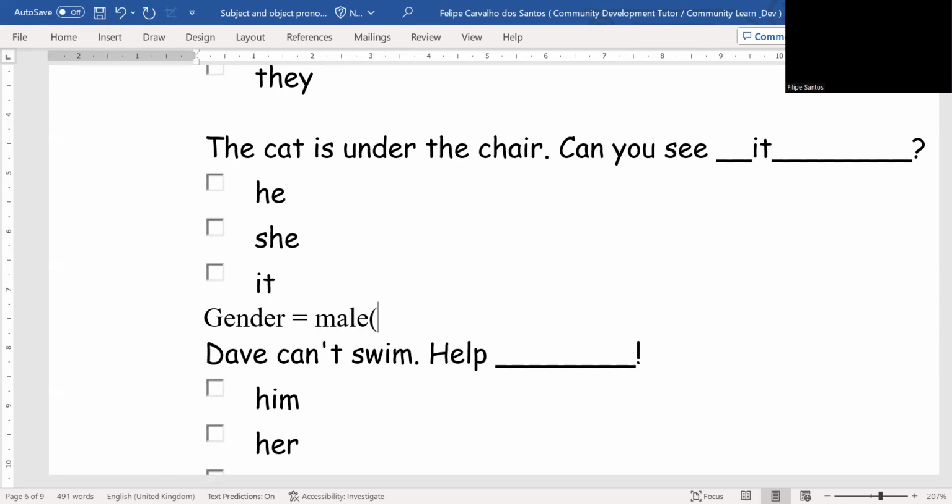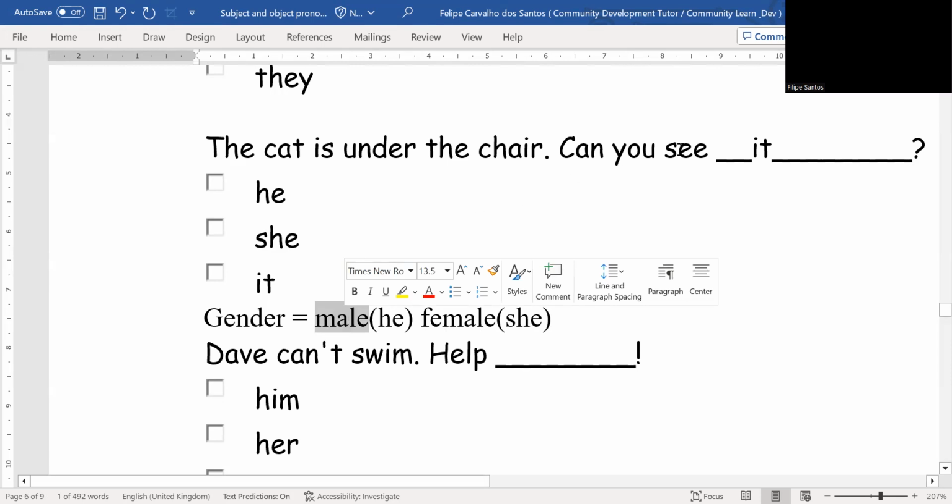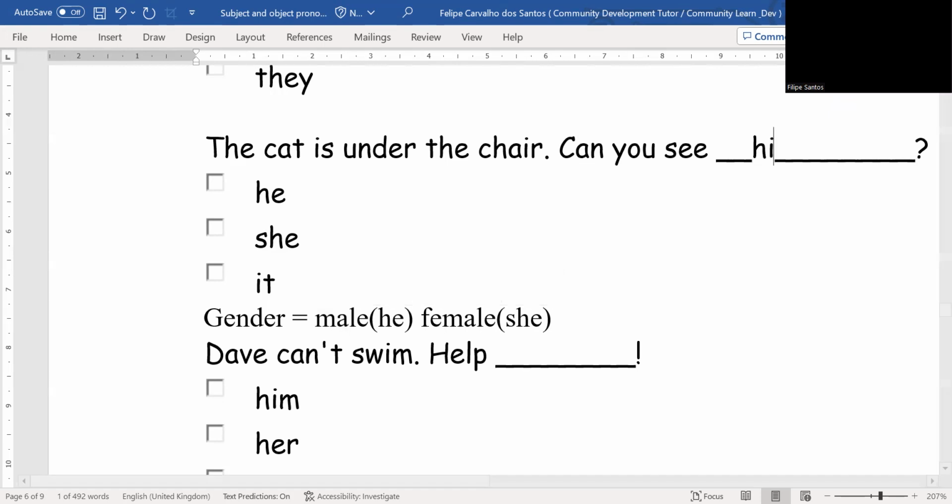That means it's a he, or a female. It means it's a she. So if you know the cat and you know it's a male, for example, you might say, can you see him? Can you see him? But if I don't know the cat, I can say, can you see it?